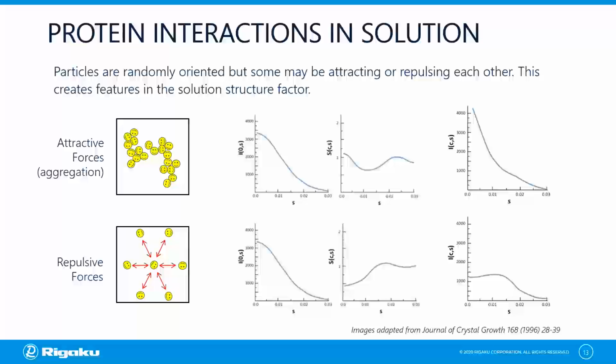And the product of these two will look like something that has a dip at low scattering angle. And again, this is a hallmark of interparticle repulsions. Now, you can imagine in each of these circumstances, the form factor is going to vary based on the entities that are in solution. And if you want to say something about the size and shape and perhaps calculate models, then you need to make sure that your form factor is an example of an ideal and monodispersed protein.